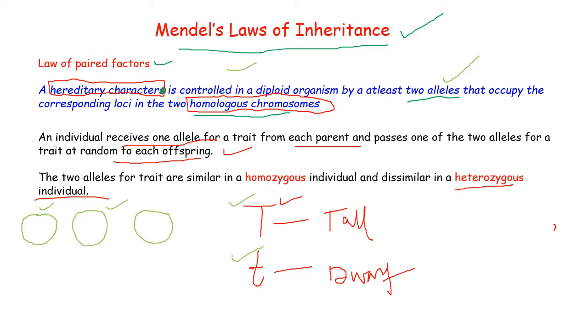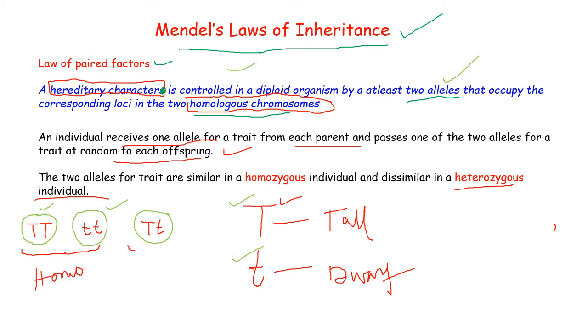Plant 1 receives capital T from the father and capital T from the mother. Plant 2 receives small t from the father and small t from the mother, and plant 3 receives capital T from the father and small t from the mother. So we have three individuals. In plant 1, both the alleles are similar, so this individual is known as homozygous. In plant 2 also, both alleles are similar, so it is also a homozygous individual.